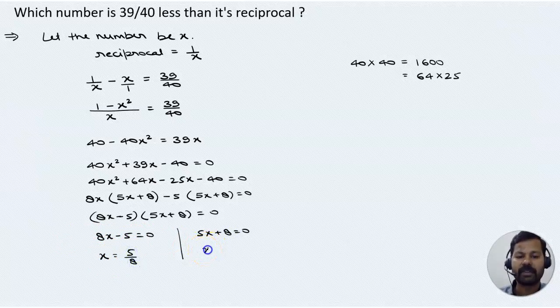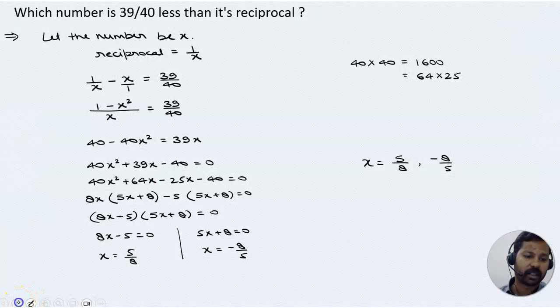Similarly, from the second factor, we'll get the value of x as minus 8 upon 5. So we'll get such two numbers which is 39 upon 40 less than its reciprocal, and those numbers are 5 upon 8 and minus 8 upon 5.